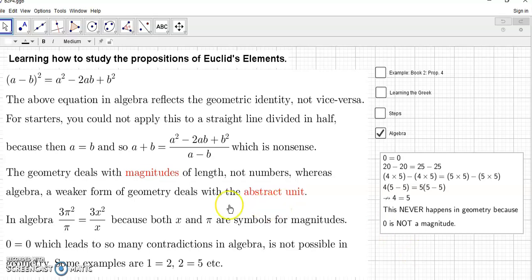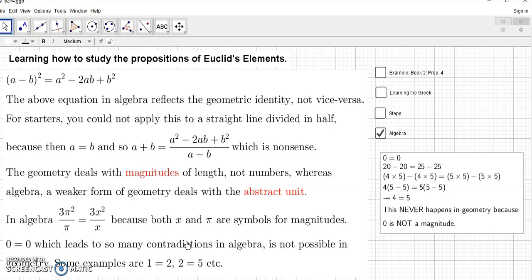They deal with magnitudes. In other words, lengths, which have no particular measure. They're just related to each other, either in terms of length or in terms of area. So you'll get geometric objects which are equal because they're equal in area or they're equal in length, but never in number.